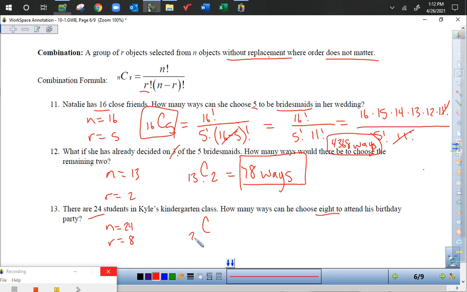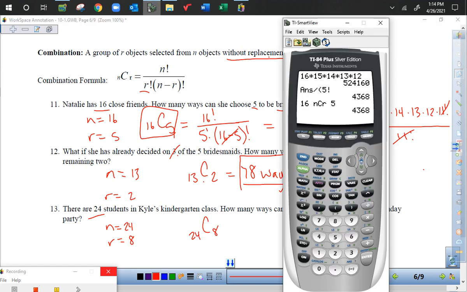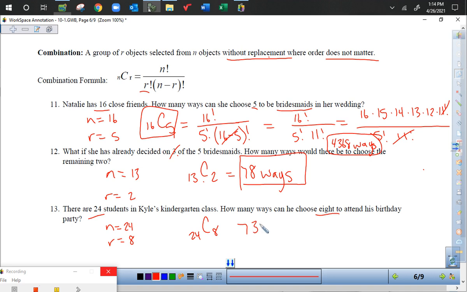So this would look like 24C8. We'll type this one in together: 24, math, over to probability, combination, and 8. So this is 735,471 ways.